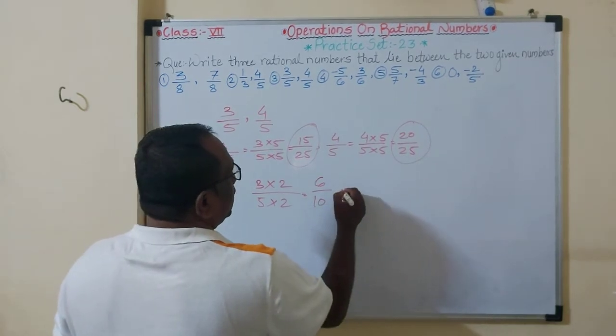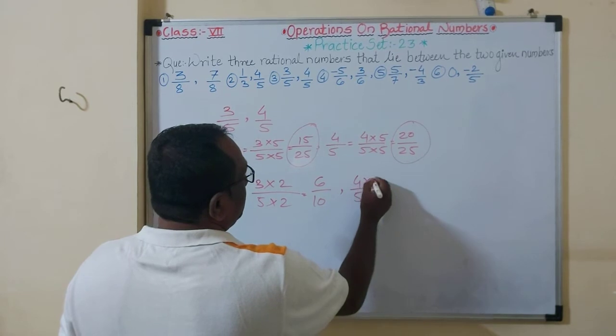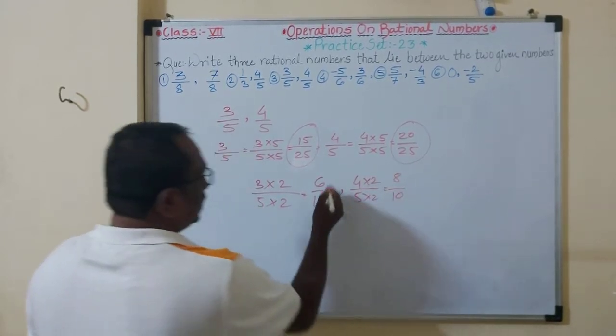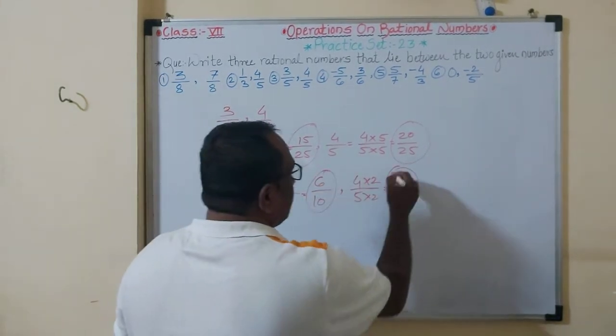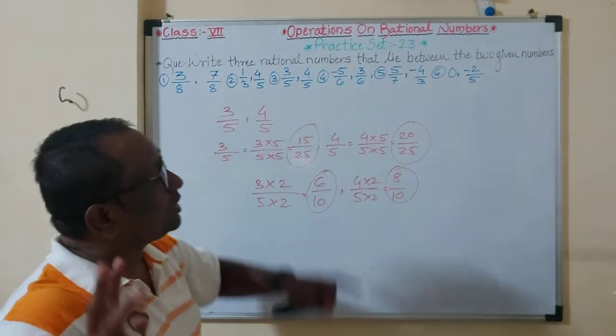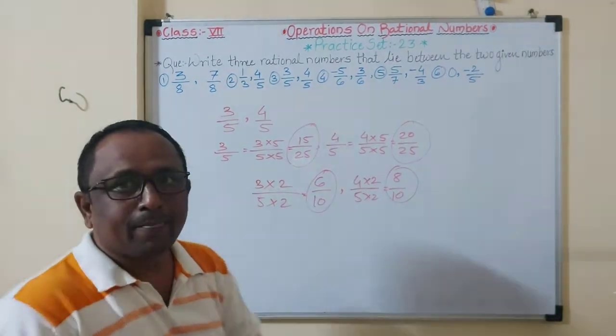If you choose 4 upon 5 multiplied by 2, then 4 2s are 8. Here also we got 6 upon 10 and 8 upon 10. That's also okay. But according to our question, we have to write 3 rational numbers that lie between these. Now we got 6 upon 10 and 8 upon 10.